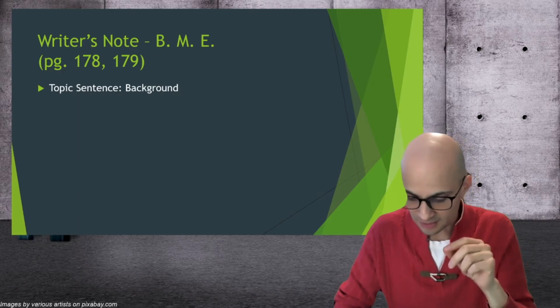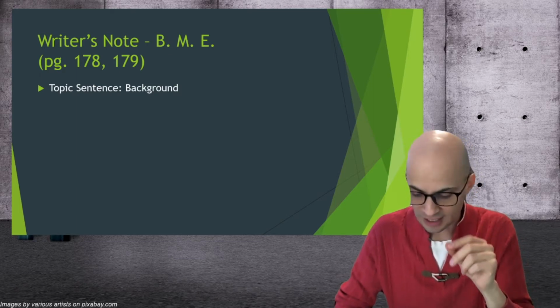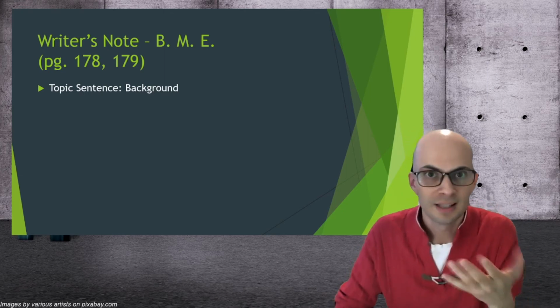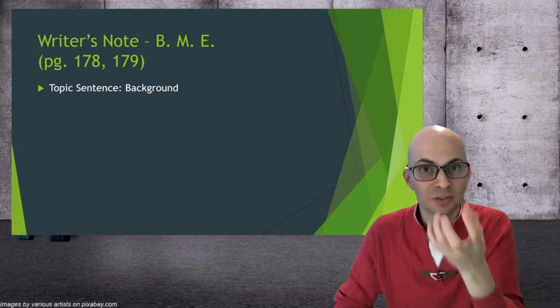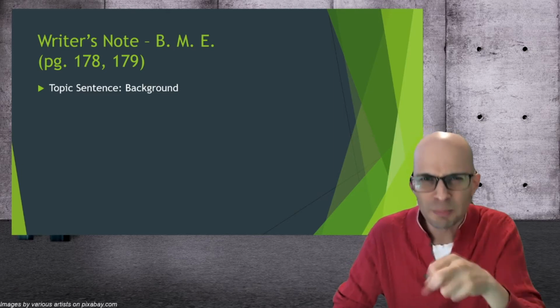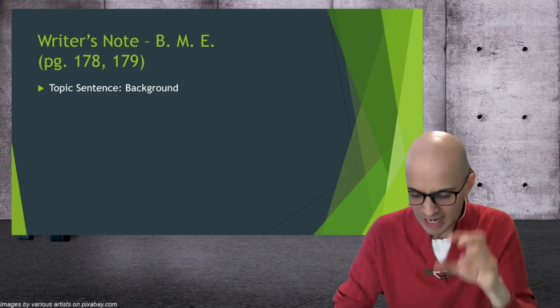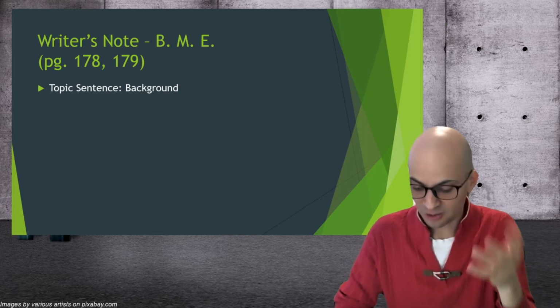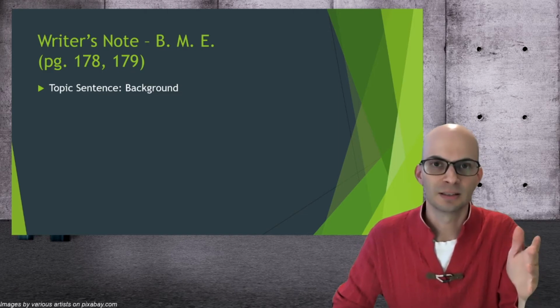And it says, in example paragraph 68, "I never thought I could do it." Do what? Right? We don't want to start a pronoun without giving a noun before it, but we're trying to build some mystery, some suspense. "I never thought I could do it, but I finally conquered my fear of public speaking."